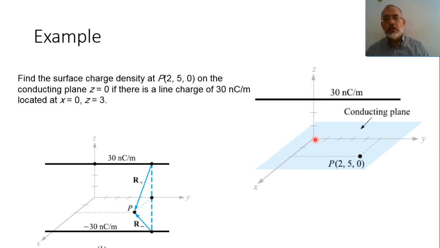So it is required to find the surface charge density at this point due to this infinite line charge distribution. We already have a perfectly conducting plane in the xy plane.